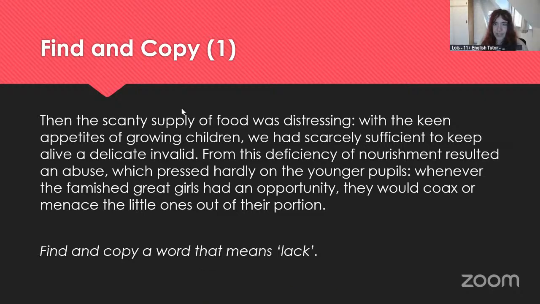Have a little look in the text. Can you find a word that is the same in meaning as lack? And remember that lack is a noun. I can see that some of you have said scanty, but scanty would actually be an adjective because it's scanty supply. But you need a noun. Oh, good. I can see a couple of answers that are correct.